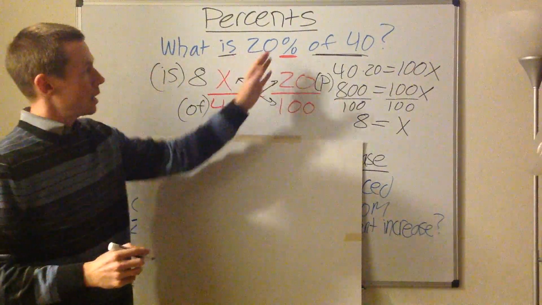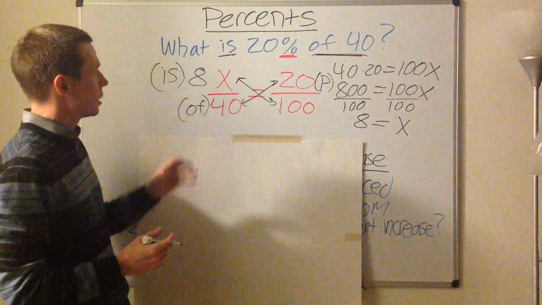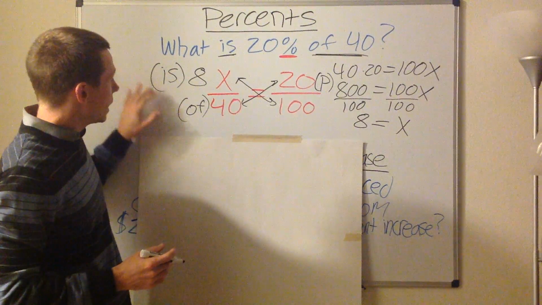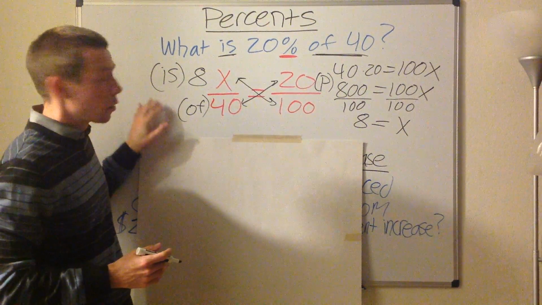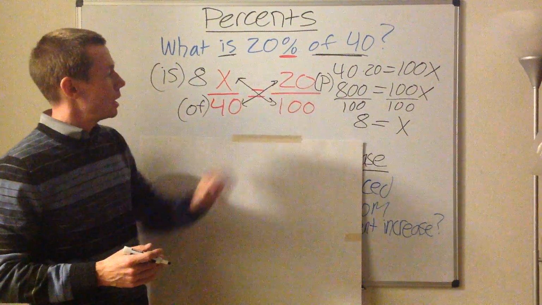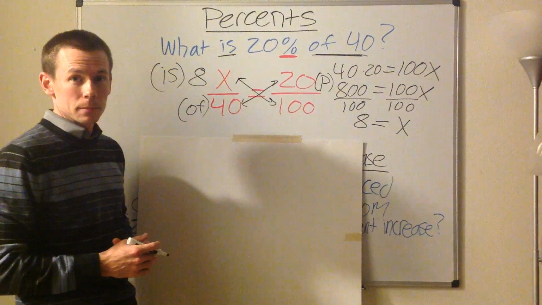So a shortcut way to solve these types of problems is to use the ratio is over of, or to use the proportion is over of equals P over 100.